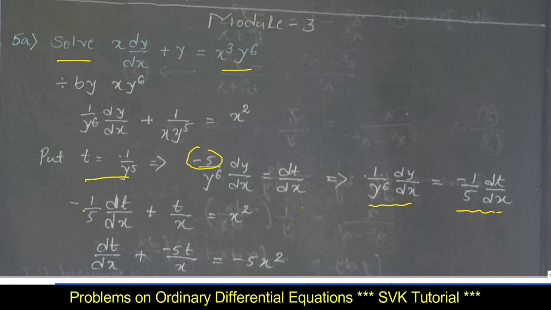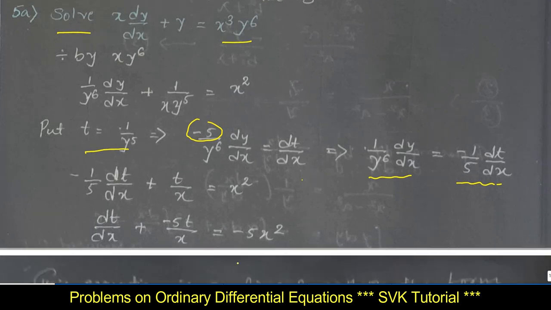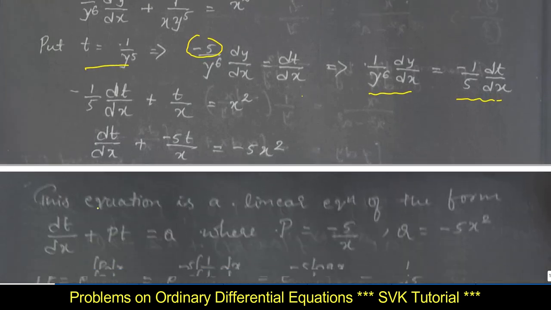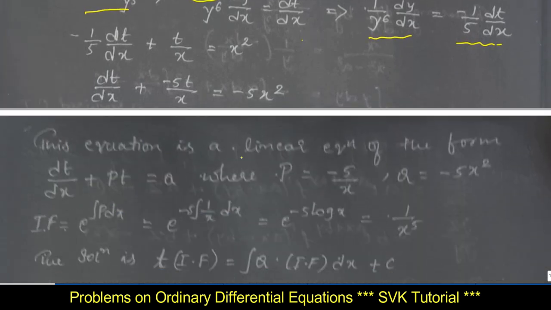So go with the substitution of this in the above expression. I am going to get minus 1 by 5 dt by dx plus t by x, which is equal to x square. So multiply throughout by minus 5. I am going to get dt by dx plus minus 5t by x, which is equal to minus 5x square. So we can say that this equation is a linear differential equation of the form dt by dx plus pt equal to q, where p is what?